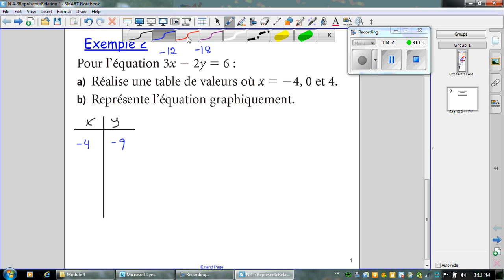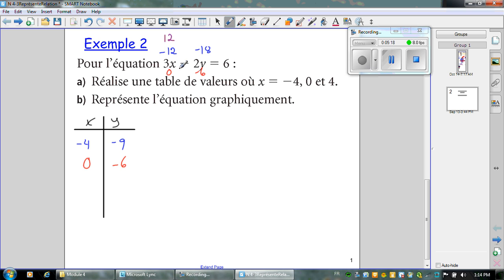Second one, if x equals 0. What's 0 minus what has a difference of 6 with 0? So the number that has a difference of 6 with 0 is negative 6. So negative 6. And finally, if x equals 4, we have 12 here.